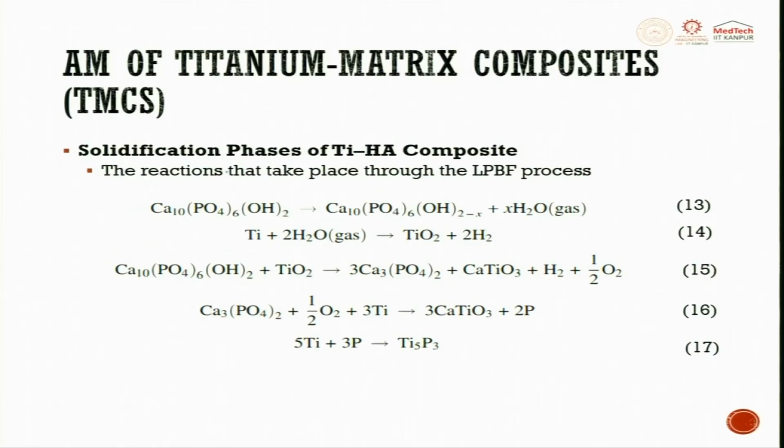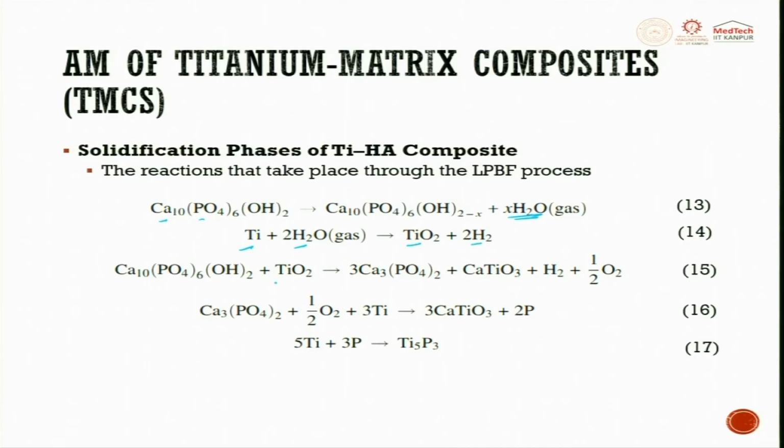So, if you see here the solidification phase of titanium with hydroxyapatite composite, the reaction takes place through the laser powder bed fusion method: calcium phosphate reacts with gas which forms Ti and H2O, TiO2 and 2H.